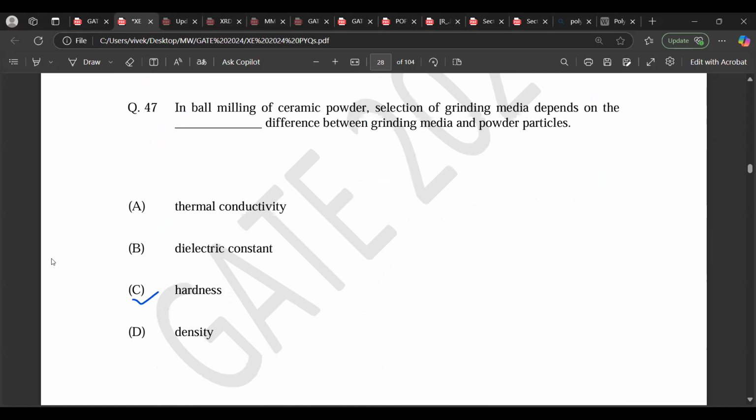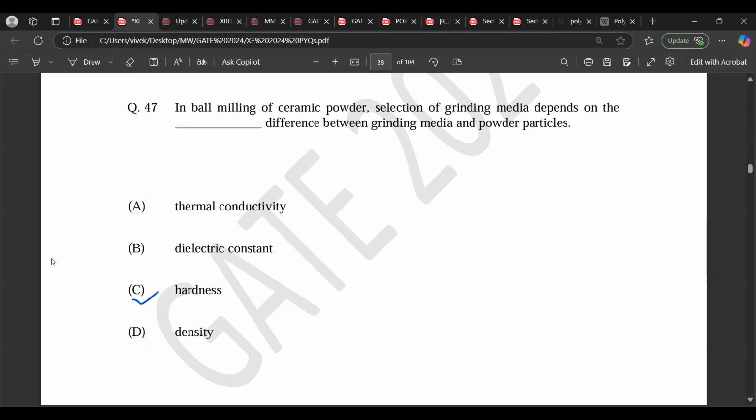Right, now the next one is ball milling of ceramic powder. Ball mills are what we use to generate nano powders, or even to make ceramic powders. In powder metallurgy it's quite obvious. We have the atomization technique, and we have ball milling, that is the grinding, the powdering or grinding of the sample.